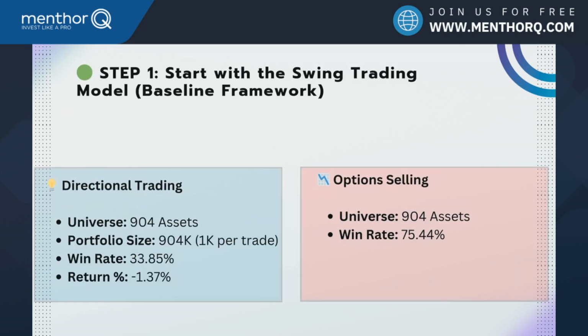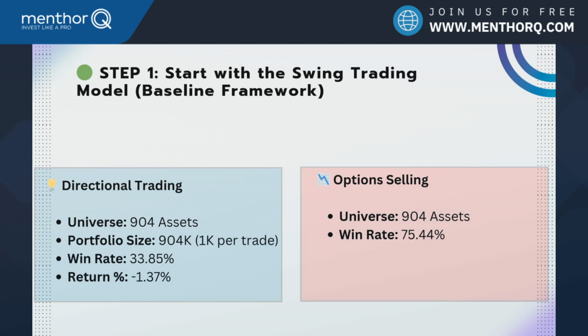Right. So the first exercise is starting with just the swing trading model alone. This is our baseline framework. So what you see here, and then I'm going to go over into the file as well and show you the data and show you where you can find this exercise. We looked at about 904 assets between stocks, ETFs, and indices.